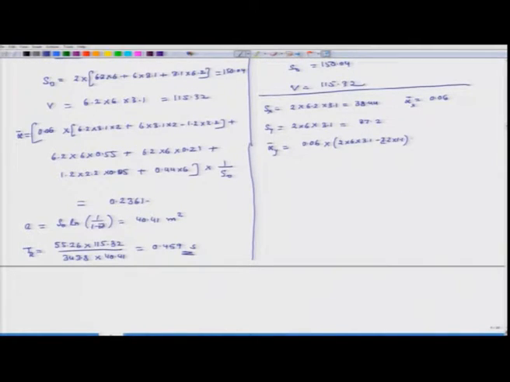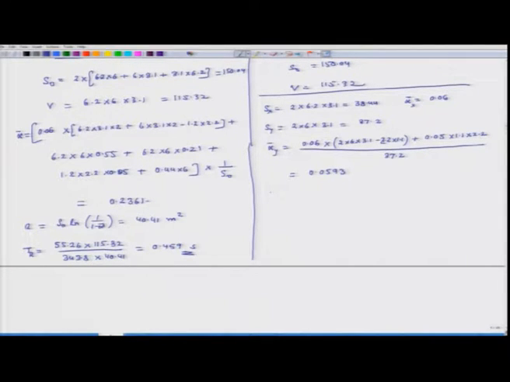Then I have to compute the effect of the door. So, it is 0.05 times 1.1 times 2.2, and then the total area is 37.2. So, that comes out to be 0.0593.